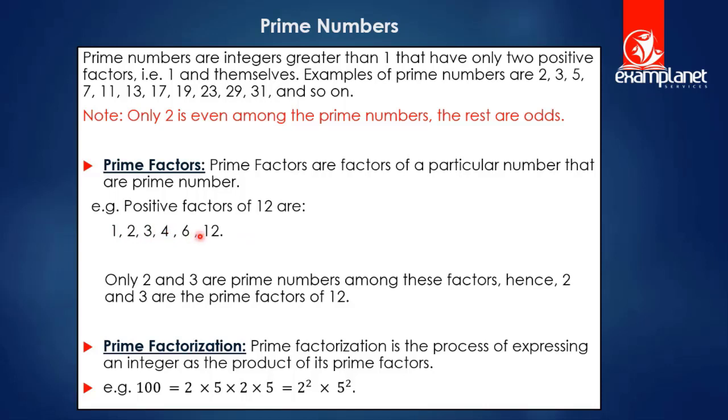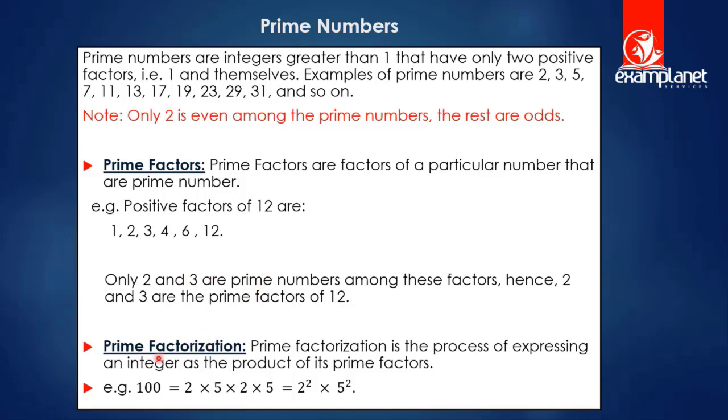When you look at all these factors, you see that some of them are prime numbers, and those are 2 and 3. Because 2 and 3 are factors of 12 and they are prime numbers, they are called prime factors of 12.